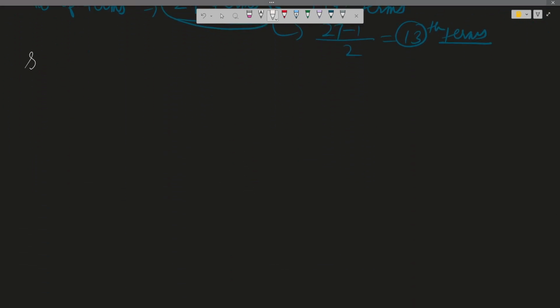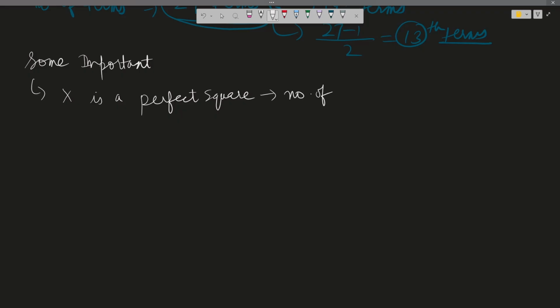Some important points that we could take out from these observations: when the number x is a perfect square, in that case the number of terms would be odd.